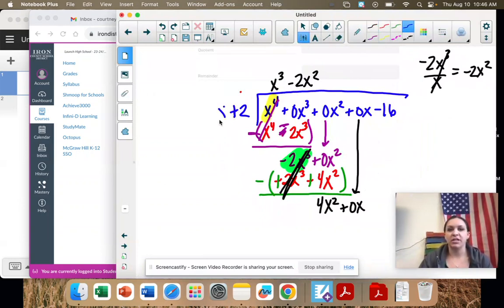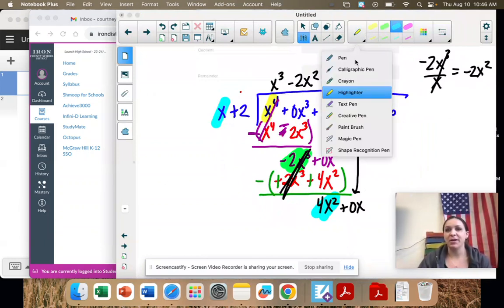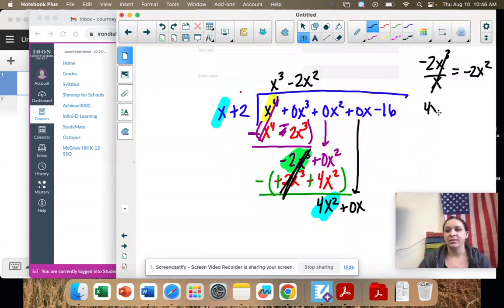I'm going to just erase that because my highlighters are getting heavy on there. I have x and 4x squared. What do we multiply by? If you need to divide, you can. We still have a 4, and then that reduces to x. So positive 4x. Notice our descending order.